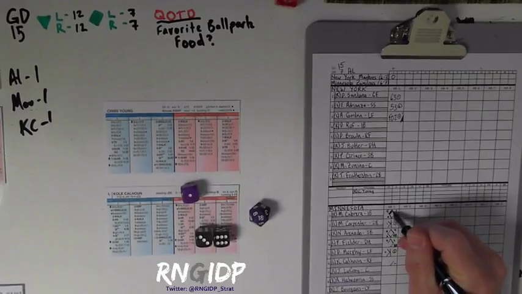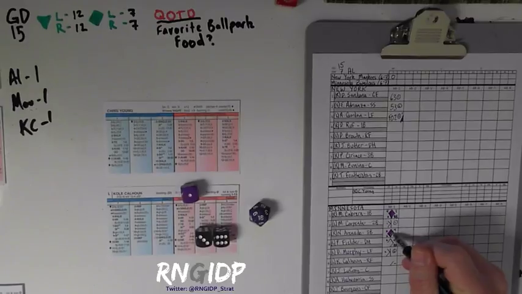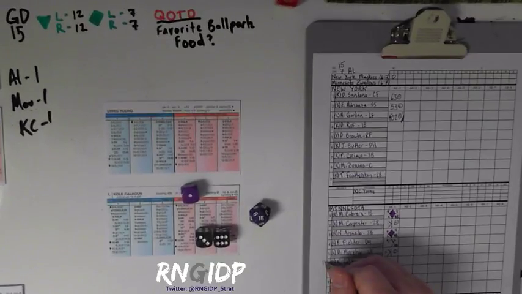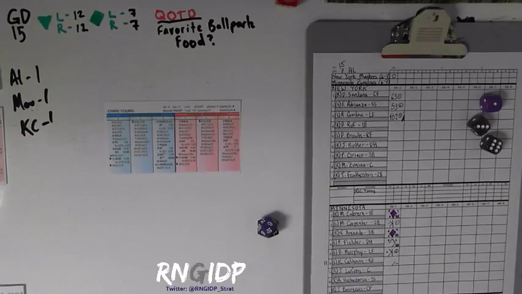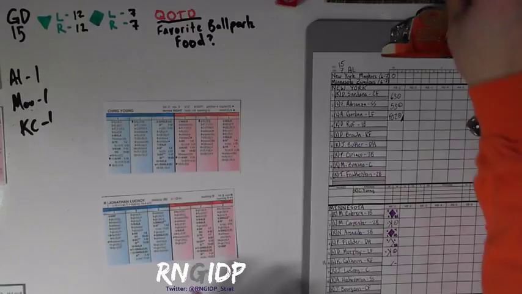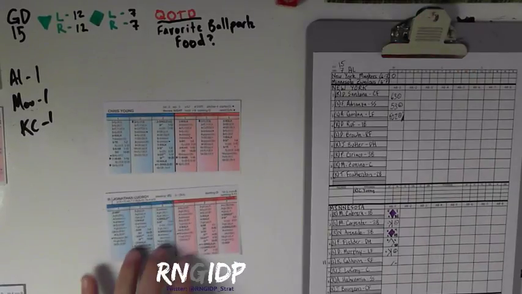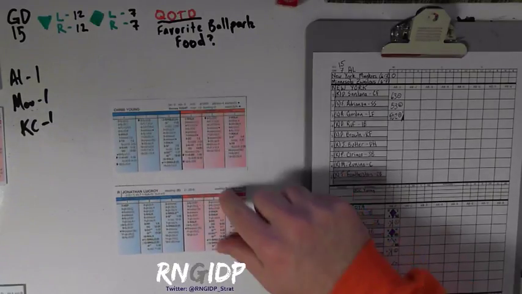Cabrera scores. Arenado scores. And Cole Calhoun has the first 2 RBIs of the ball game. We've got 2 runs scored here, so if you haven't gotten your vote in for who you think the third run will be, the third run scored, do it now.